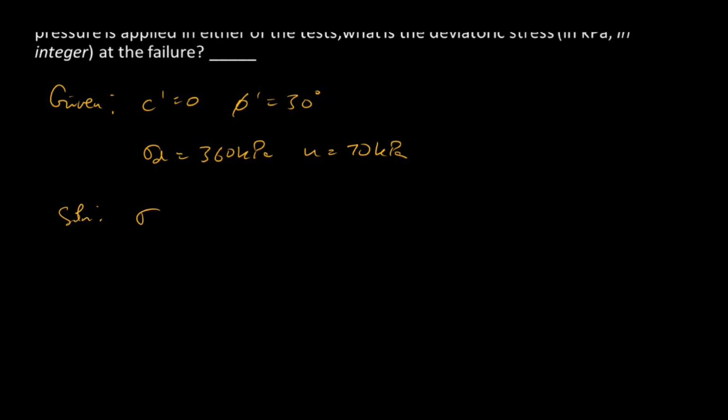So sigma 1 dash will be sigma 1 minus u, whereas sigma 1 will be equal to sigma 3 plus sigma d. Therefore, sigma 1 dash will be equal to sigma 3 plus sigma d minus u.